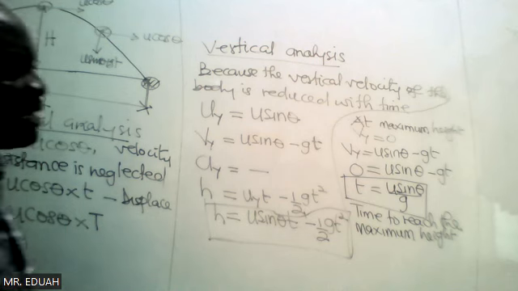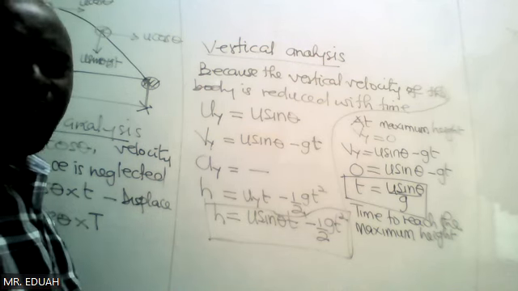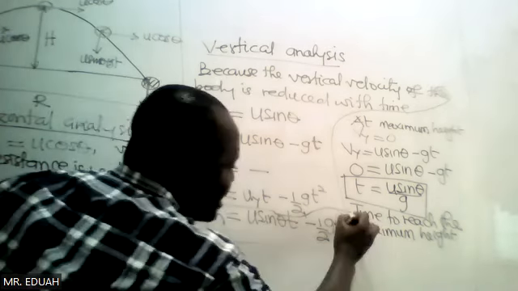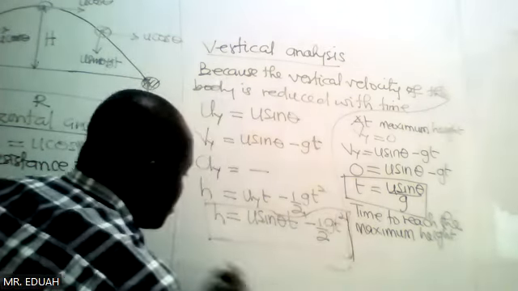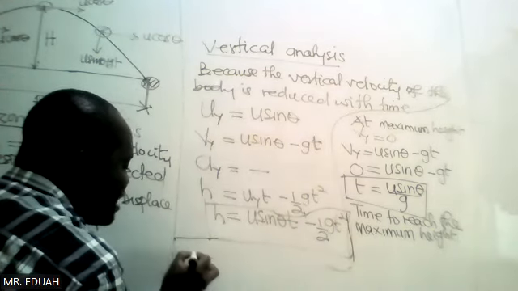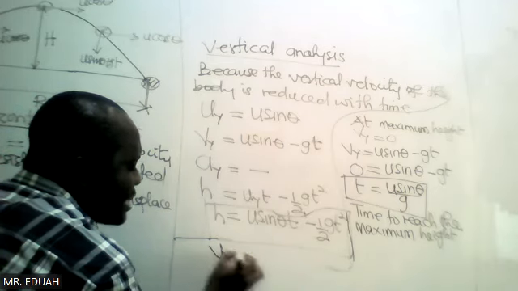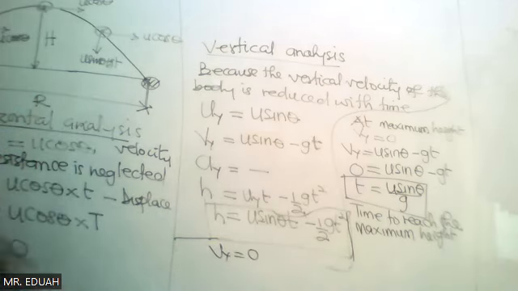Now, what is the formula for the maximum height itself? At the maximum height, Vy is equal to 0.